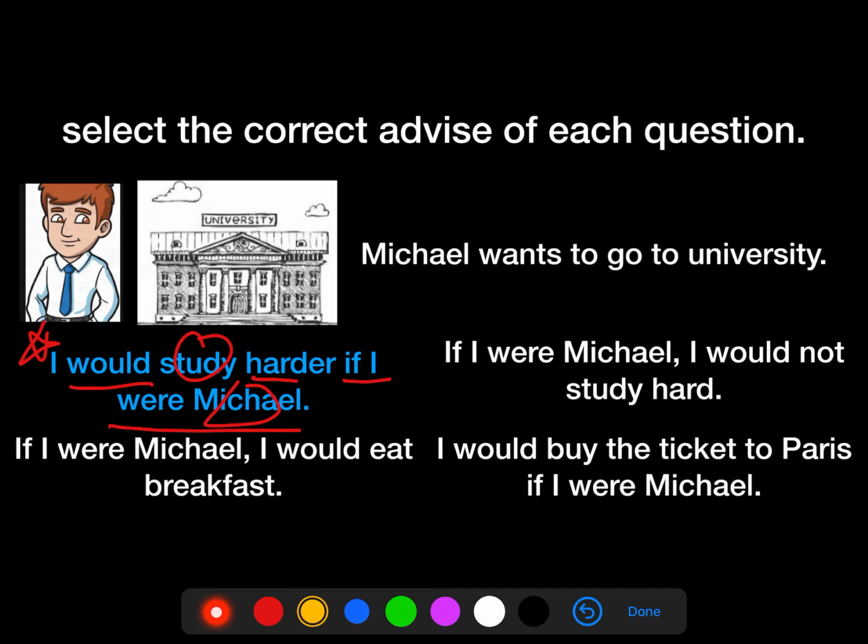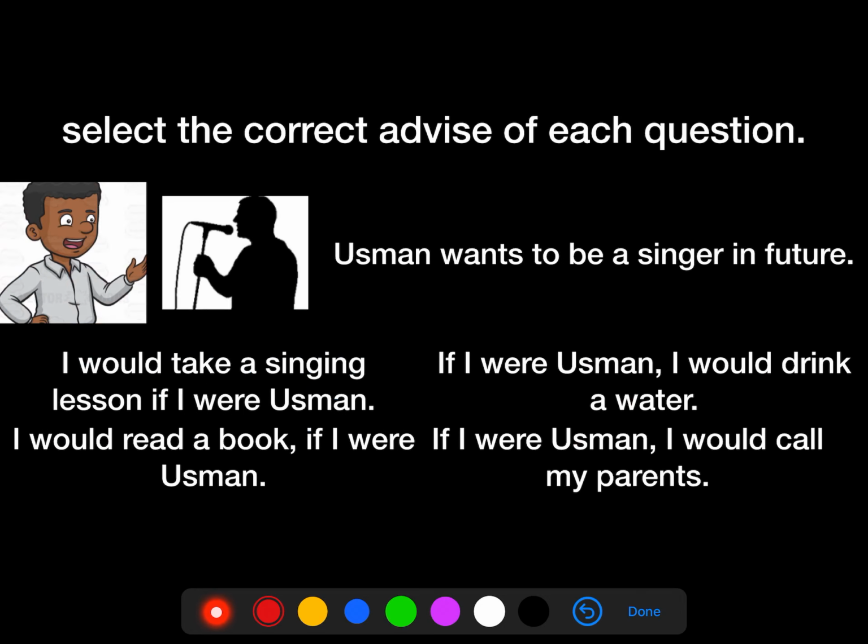So, pinpoint: when it comes to a helping verb, auxiliary verb, modal verb, the verb behind it stays in the base form. So, would study, not studies or studying, not like that. Just stay with the base form of the verb. Okay, very good. Next one.